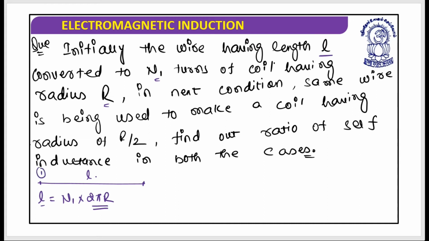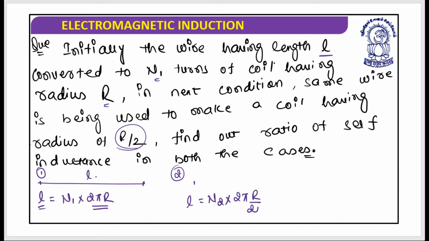Now this is the first situation. In the second situation, the same wire is being used with radius r by 2. So I can write L, which will be the same, as N2 multiplied by 2 pi r by 2.